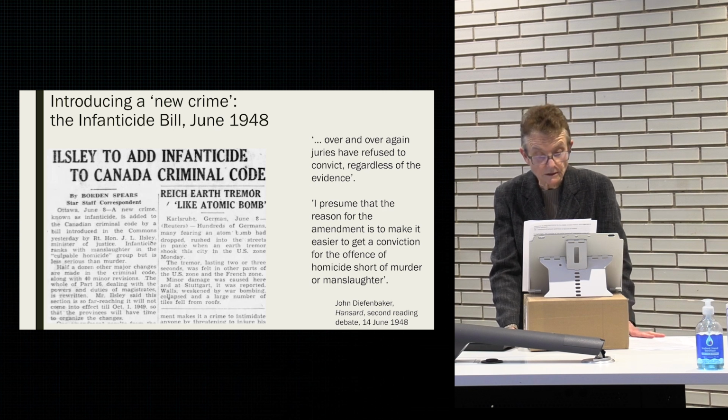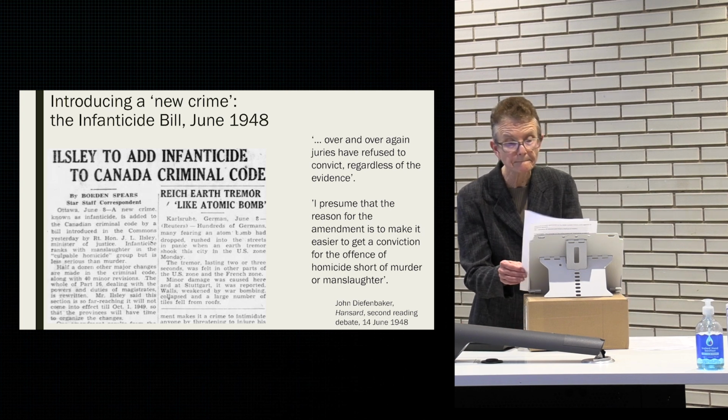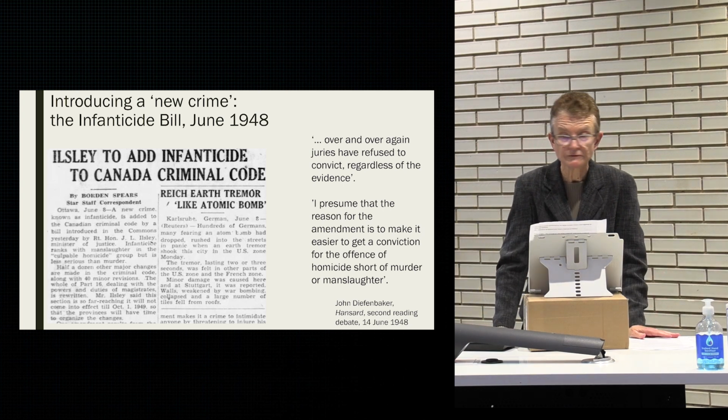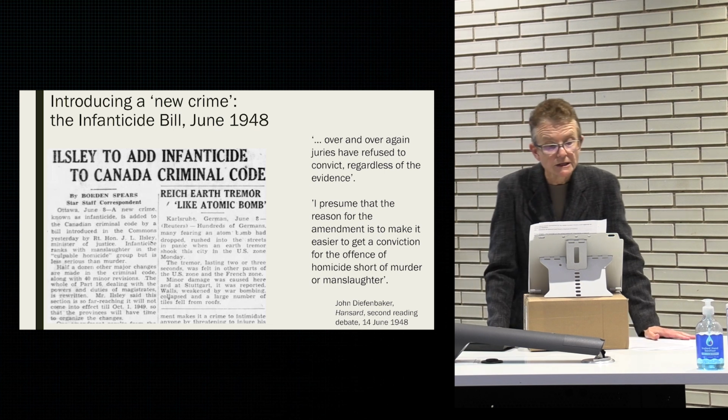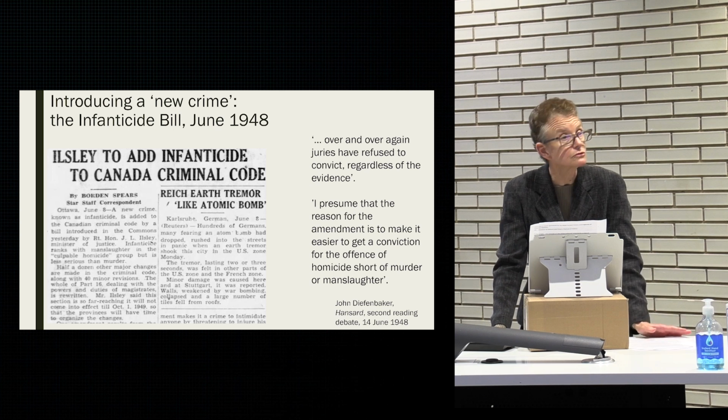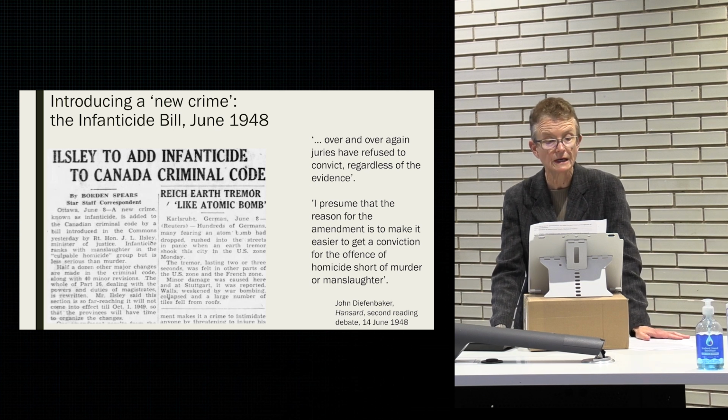Yet Canada did not do away with the alternative charges of murder or manslaughter for homicides of infants, and Evelyn Dick's conviction underscored why this prosecutorial option remained in use. The invention of infanticide did not lead to the replacement of juror sympathy by a psychosocial understanding of maternal neonaticide after 1948.